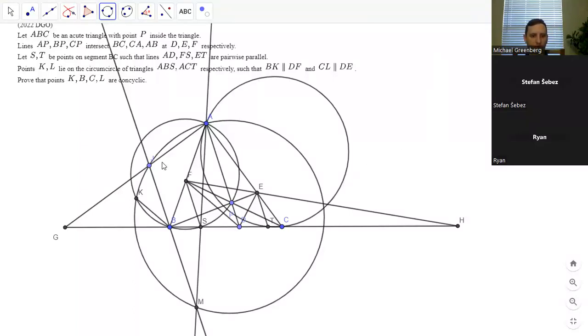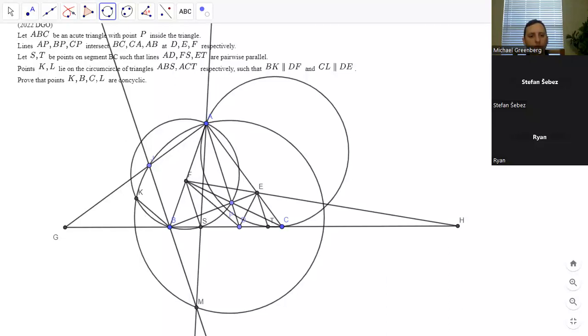Let's think about it. No, I can't remember how I got that. Okay, so let's say it is equivalent.